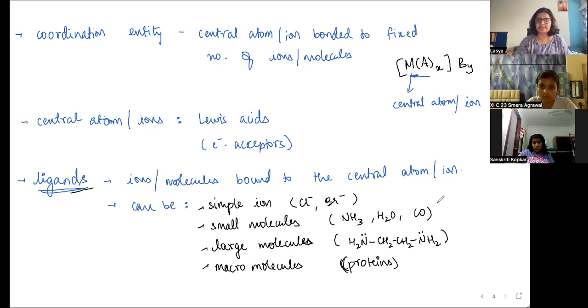So we defined M as the central atom, the part giving the electrons, A, is the ligand, and this whole bit in square brackets is the coordination entity.